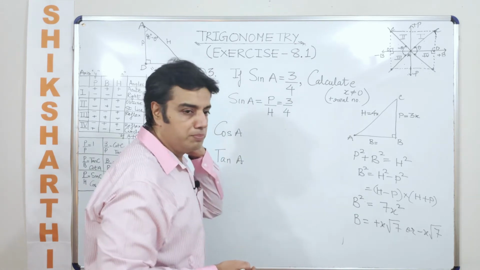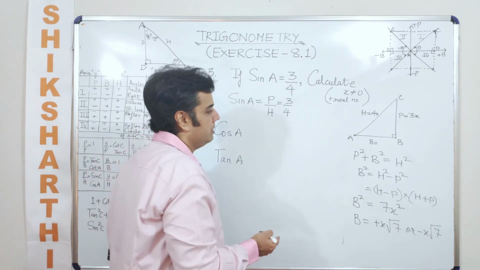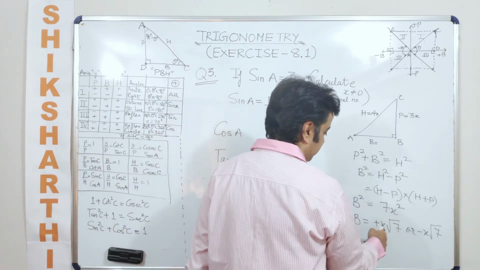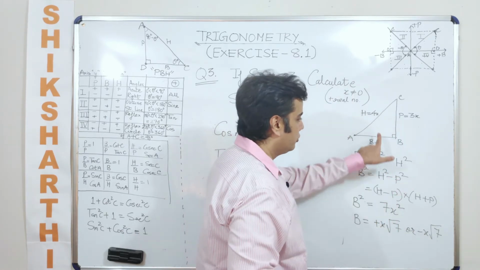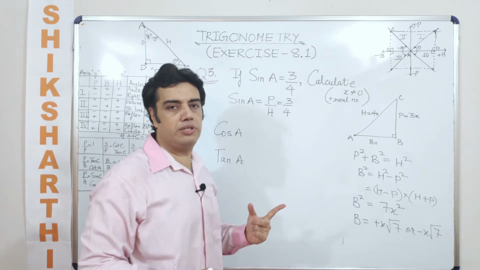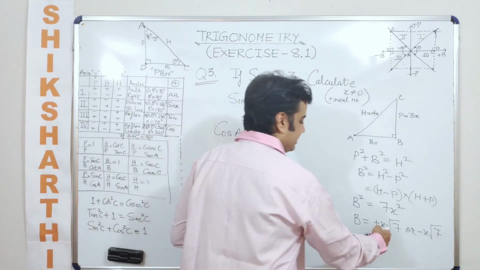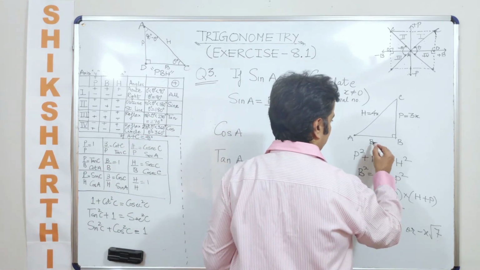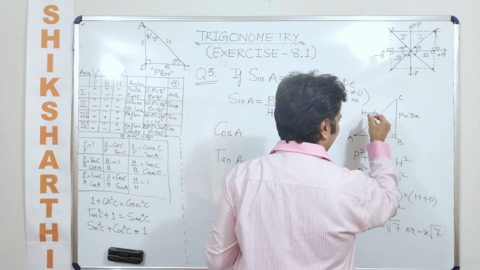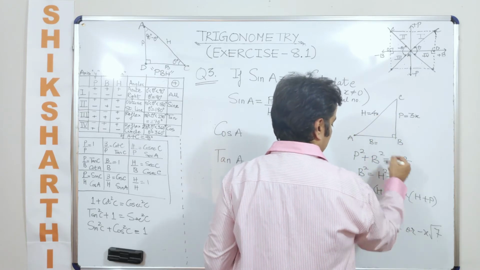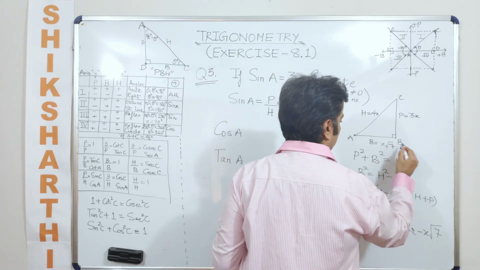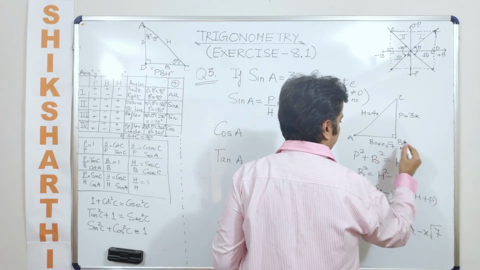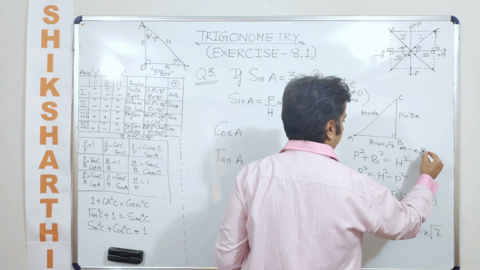Now you can simply use PBH. So that means this gives you two different orientations of the triangle. So rather than drawing two triangles now, which we had talked about in the very first question, we can just write down the values. Which values? PBH, right? So this value I can write as plus x root 7 or minus x root 7.